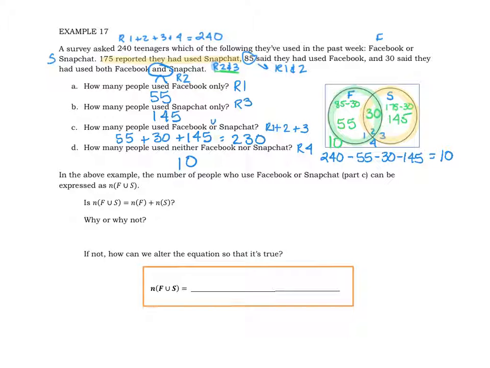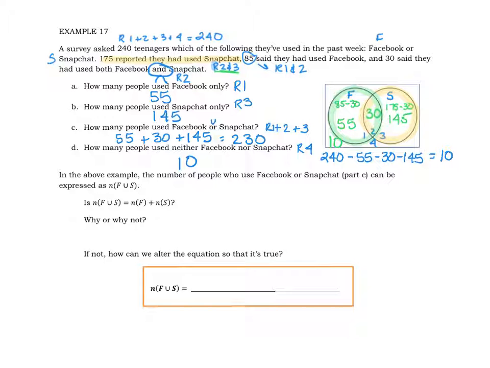We're going to use this example to help us develop our formula for the cardinality of a union. In the above example, the number of people who use Facebook or Snapchat can be expressed as the cardinality of the union of F and S. Can we just add how many people use Facebook and how many people use Snapchat together?